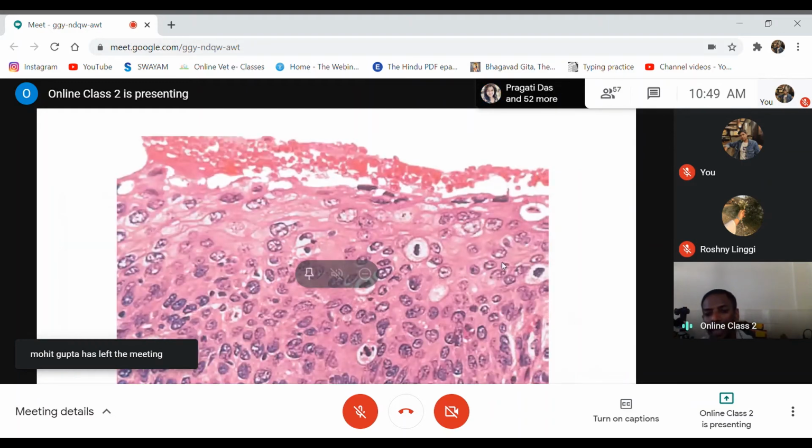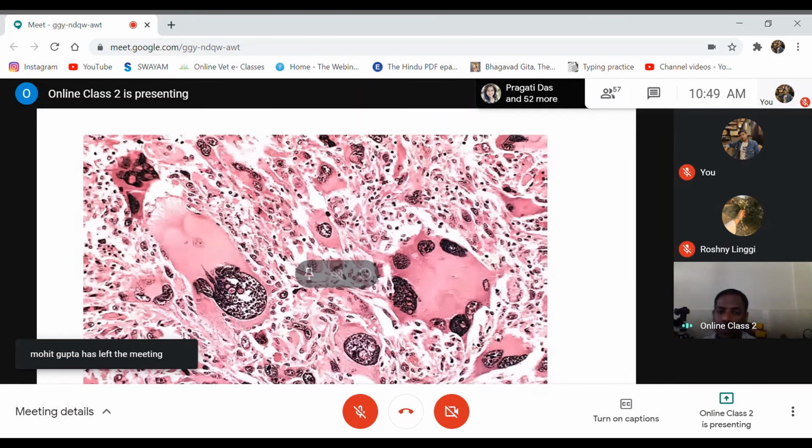Or it can be poorly differentiated. This is again an example of a poorly differentiated malignant neoplasm. This is a tumor arising from the rhabdomyocytes. It's a rhabdomyosarcoma, a malignant tumor arising from the rhabdomyocytes.